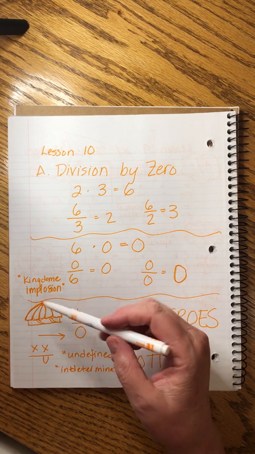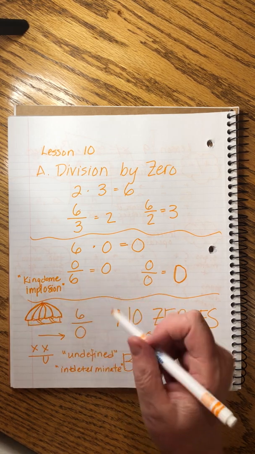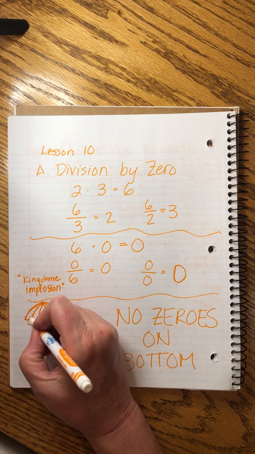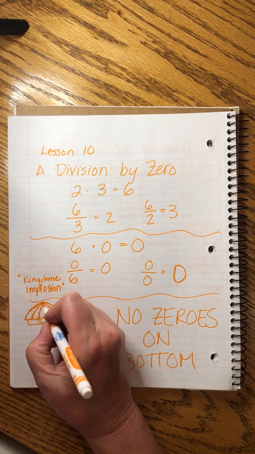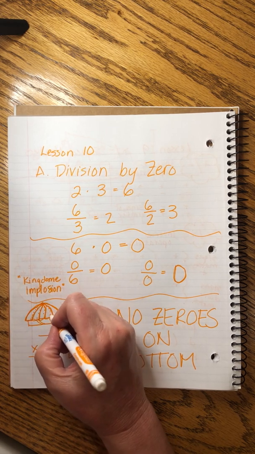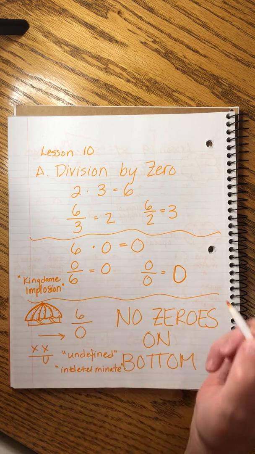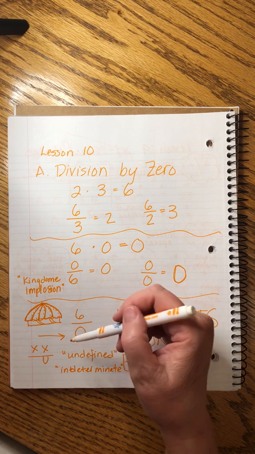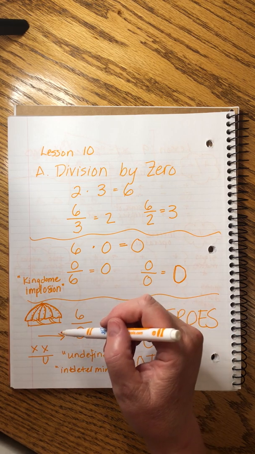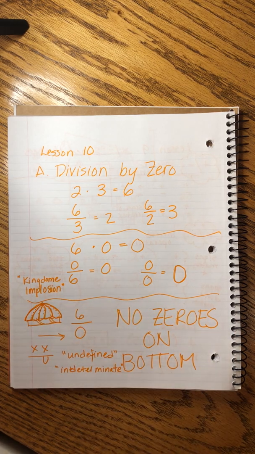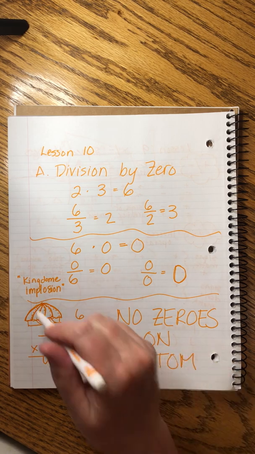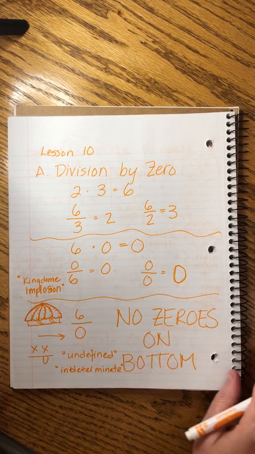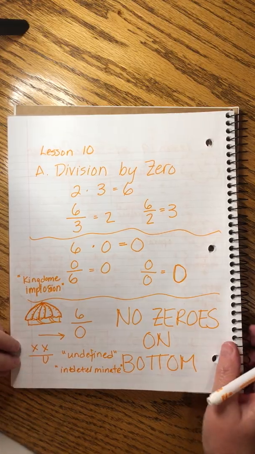There's one that's longer that shows them setting the charges all along here. It's amazing. You can see all the explosions going off along these ribs. I love a good explosion. But I want you to think about how that is essentially what we're saying happens if you try to divide by 0. It's mass chaos, you guys. You can't do it. So watch the Kingdome implosion, and remember, you can't divide by 0.